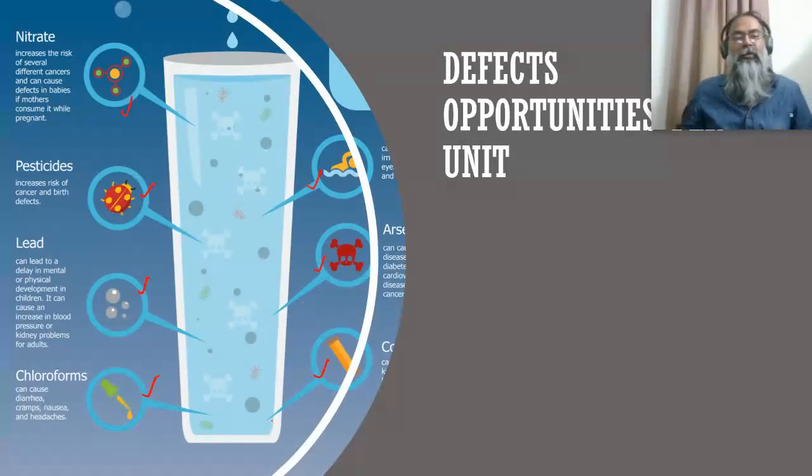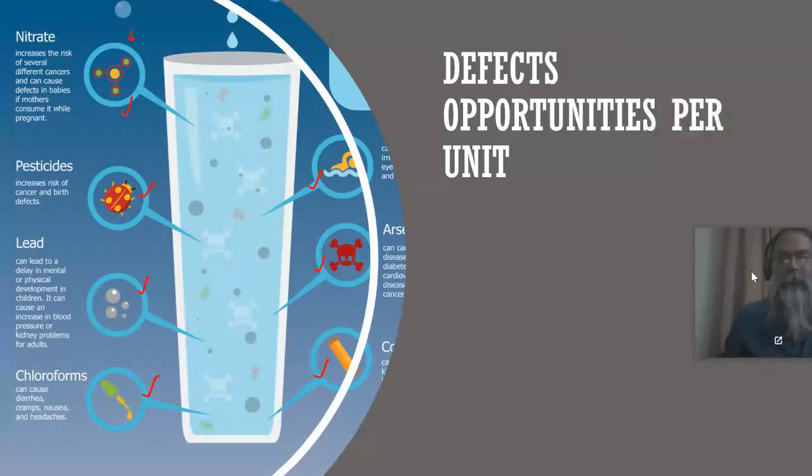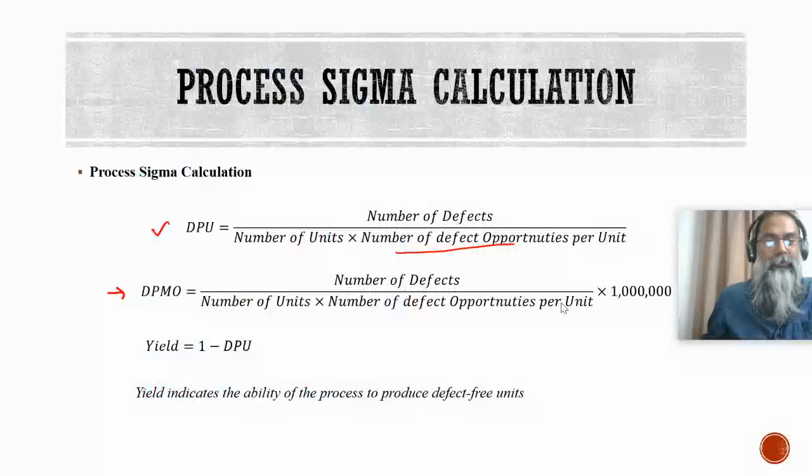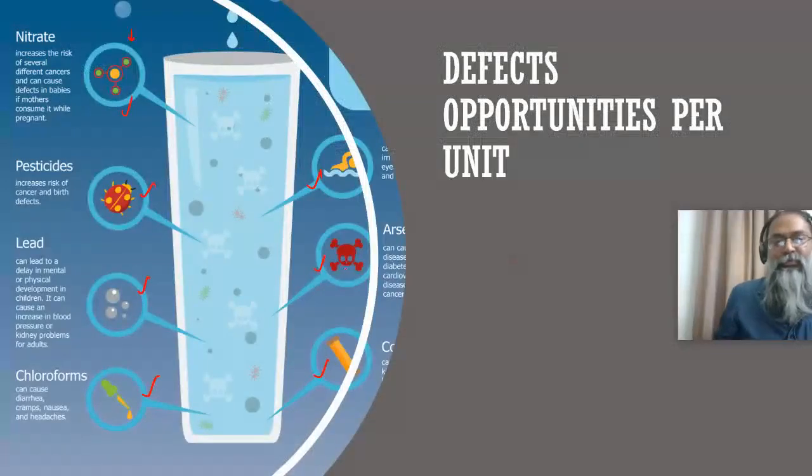Each of these defects represents an opportunity for defects to occur. So our responsibility would be, of course, to minimize these defects as much as possible. So that's what is meant by the number of defect opportunities per unit. In this case, our defect opportunities per unit would be about seven.